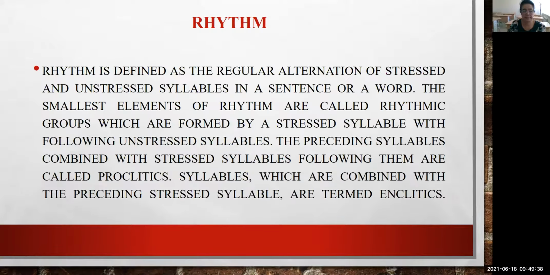Now about the rhythm. Rhythm is also one of the components of intonation. It is defined as the regular alternation of stressed and unstressed syllables in a sentence or a word. The smallest elements of rhythm are called rhythmic groups, which are formed by a stressed syllable with following unstressed syllables.